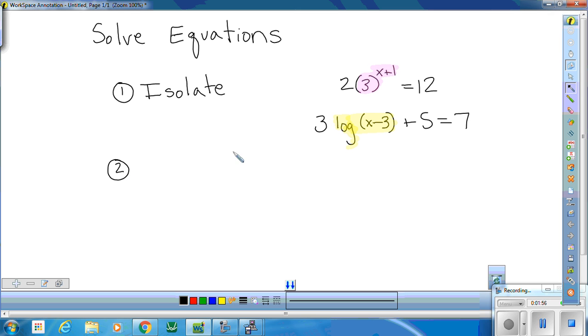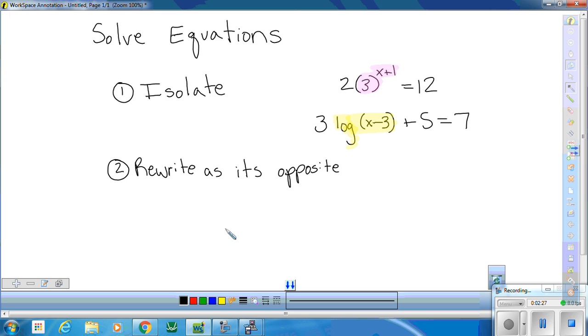Step number 2, after you have isolated the exponential or the log, is to rewrite that equation as its opposite. You might have thought it was a little funny in the homework when we were taking this log and rewriting it as an exponential, and taking this exponential and rewriting it as a log. The reason we do that is how we solve these equations. If I have an exponential equation, I need to rewrite it as a log because that gets that variable out of the exponent.